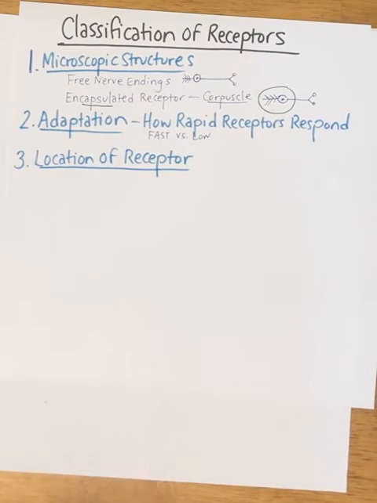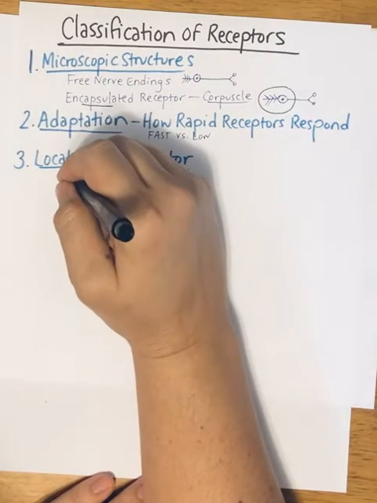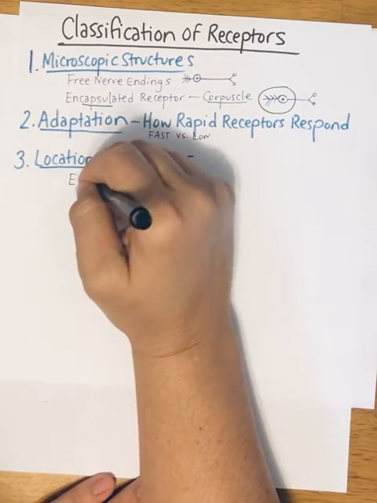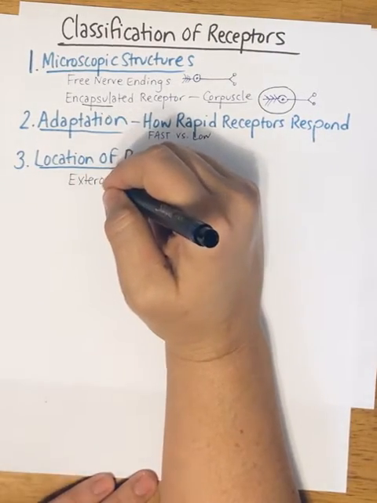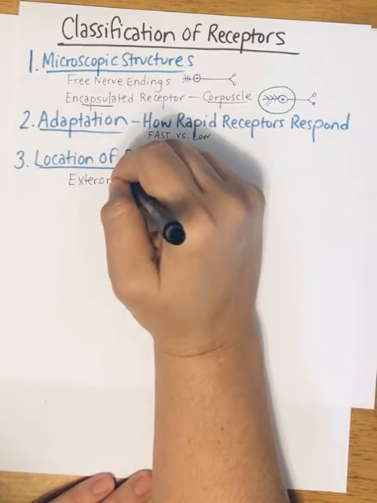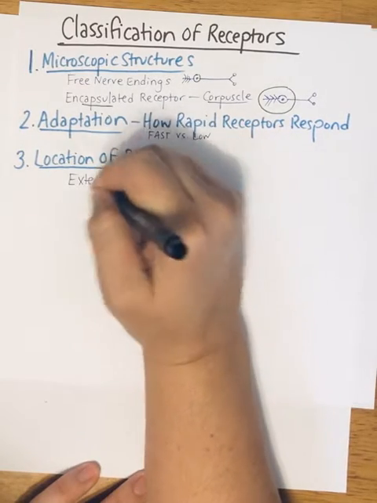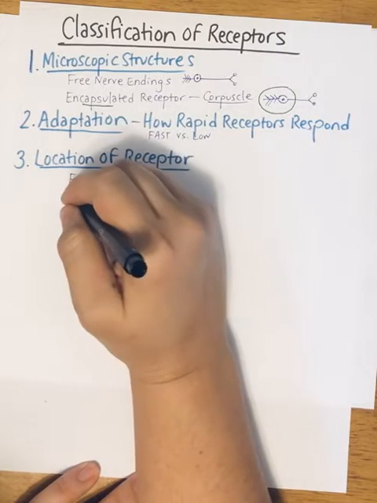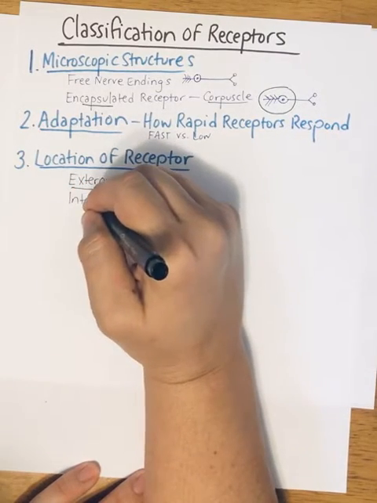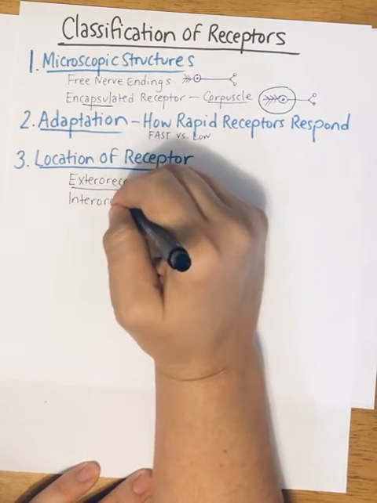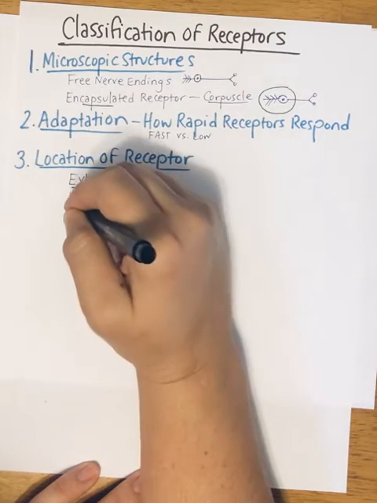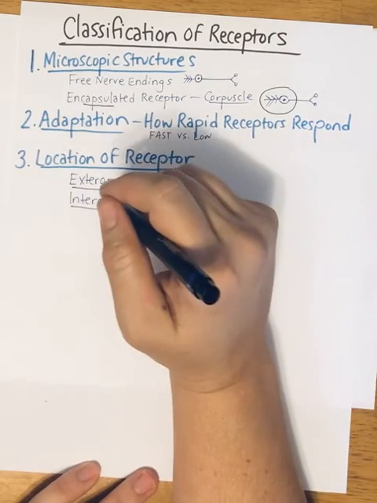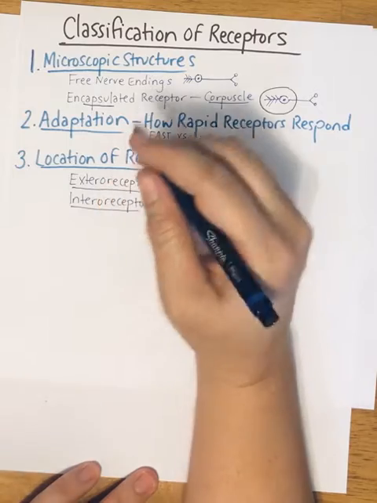When we talk about location of the receptors, we're going to say exteroreceptors versus enteroreceptors. So extero is external, entero is internal.